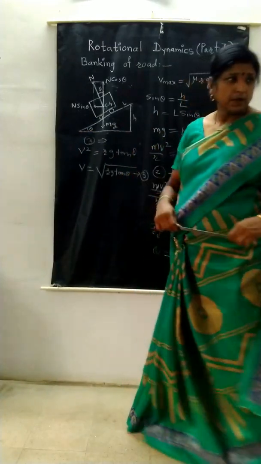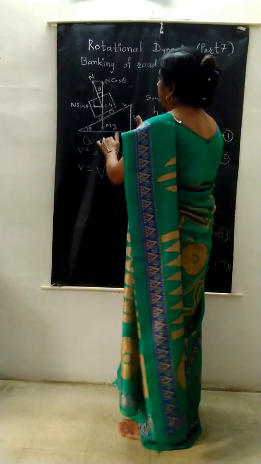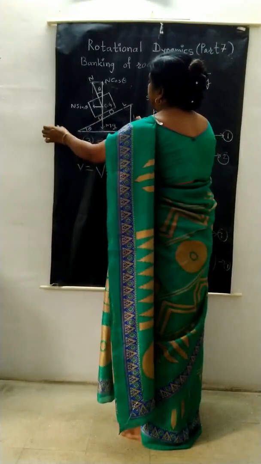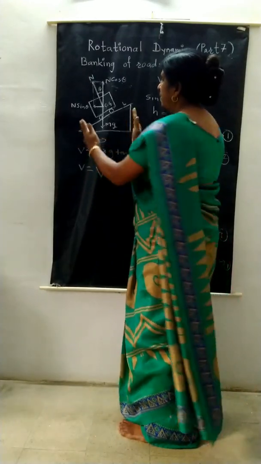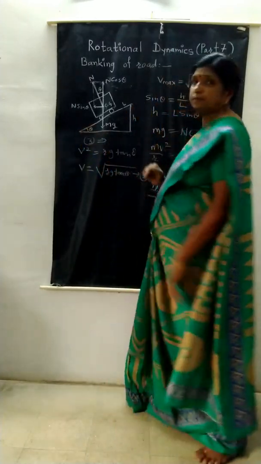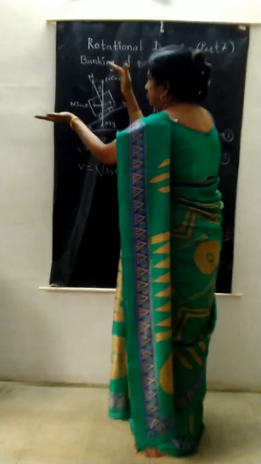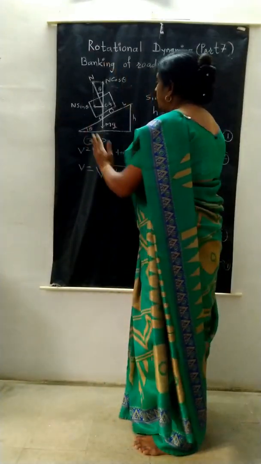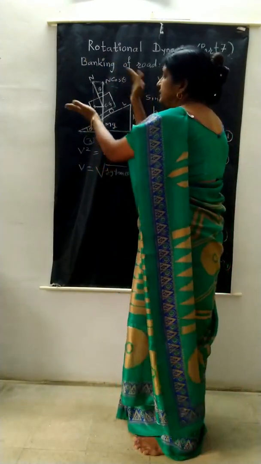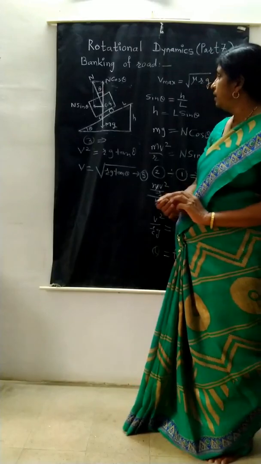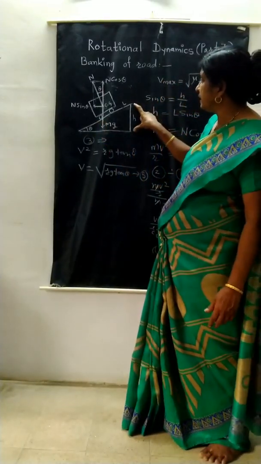Suppose here the road is taking a turn towards the left hand side like this. This is the center of the circle on this side and this is the width of the road. We are driving on this road. Now, this is the height h.